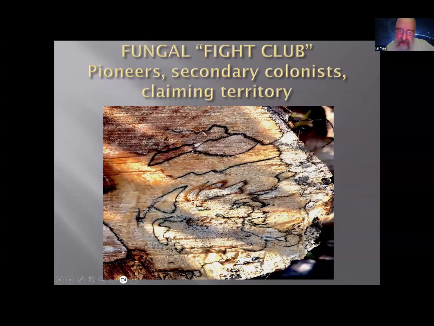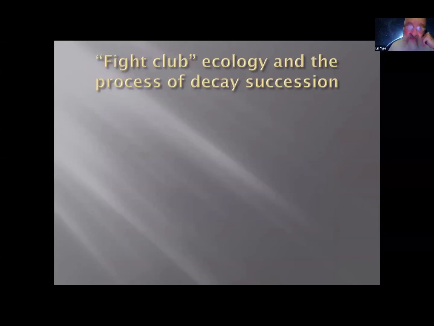And when they meet a competing fungus, they both put up chemical barriers, melanins and different extractive chemicals, because fungi are chemical magicians, and so they try to wall off the competition and put a wall around their own territory, and that's how they fight for territory. So the Fight Club ecology and the process of succession is really super interesting.